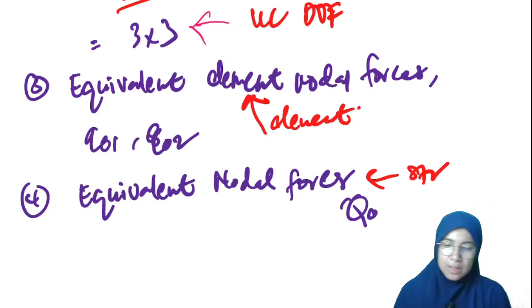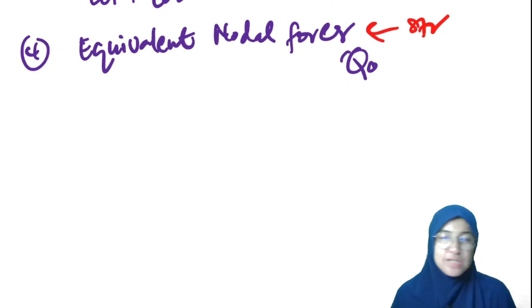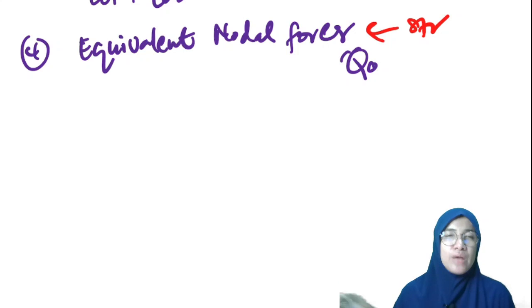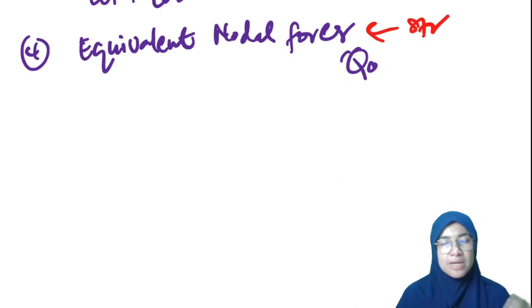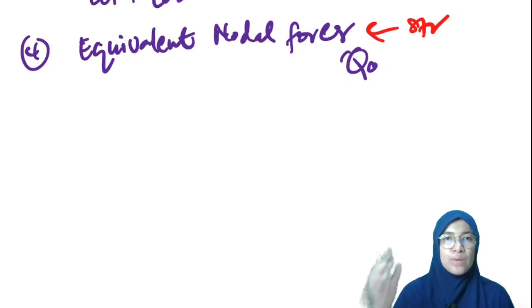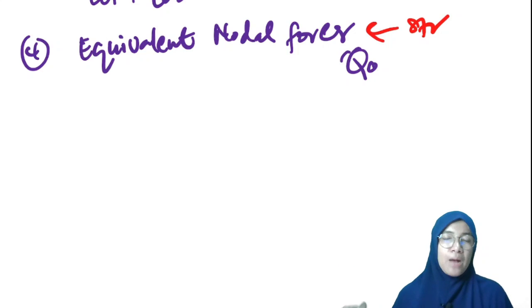After that, we have to apply the stiffness equation. If the question asks you to give in full, establish the stiffness equation, you have to give it in full. That means Q1 until Q9, K as a 9 by 9 matrix, D1 until D9, and then Q naught 1 until Q naught 9. However, it will depend on the question.